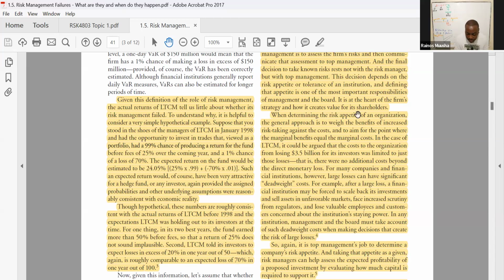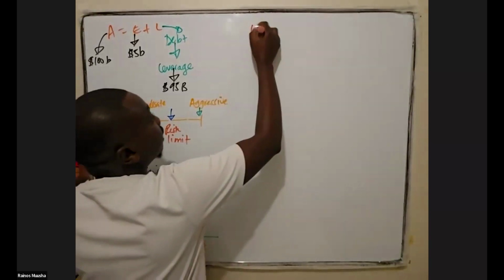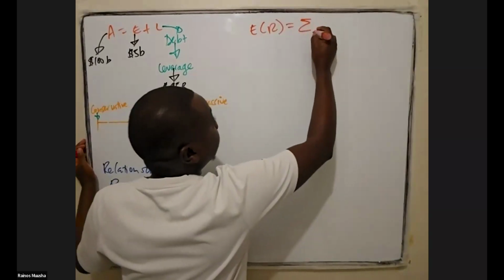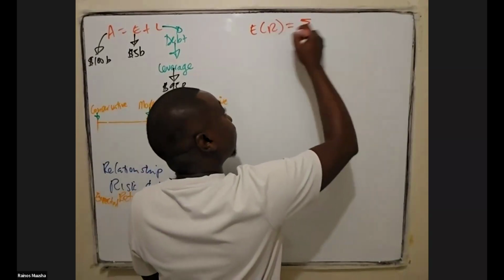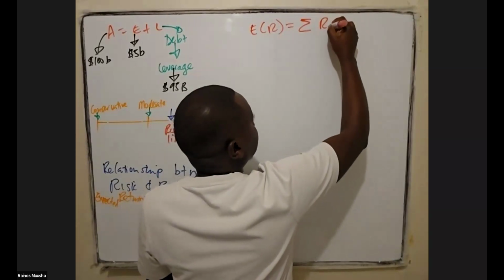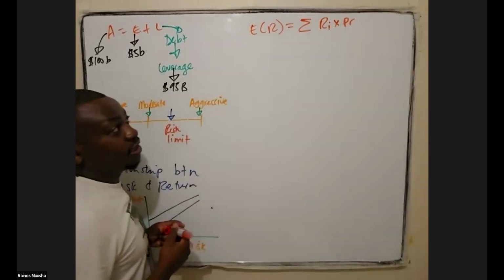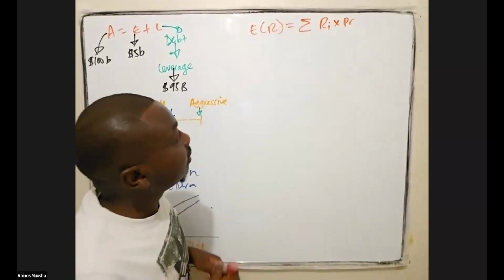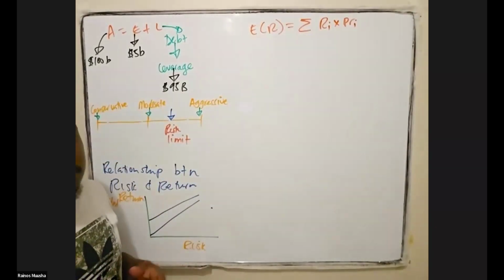So which means mathematically, we say your expected return is given as the sum of the return of the assets multiplied by the probability of those returns.